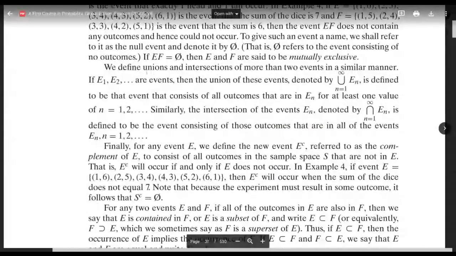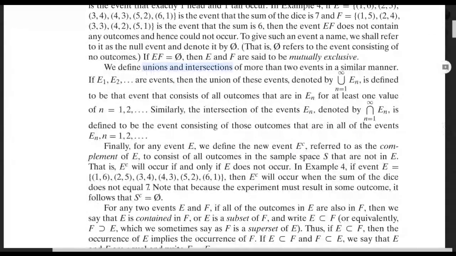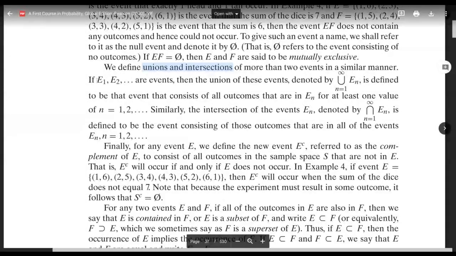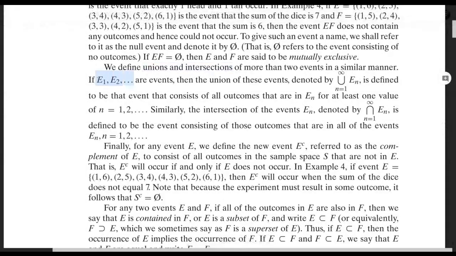So we define unions and intersections of more than 2 events in a similar manner. Okay, now we call them E1, E2, E3, and so on up to En, all right? The union of these events we denote with this big union sign, from n equals 1 up to infinity, En. So in this case, there are infinitely many events.